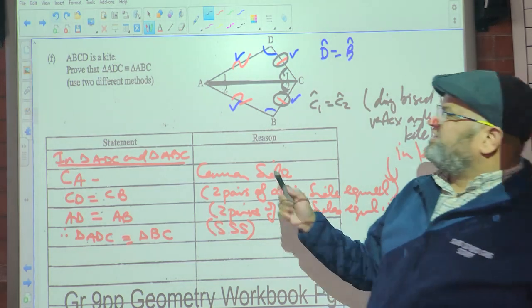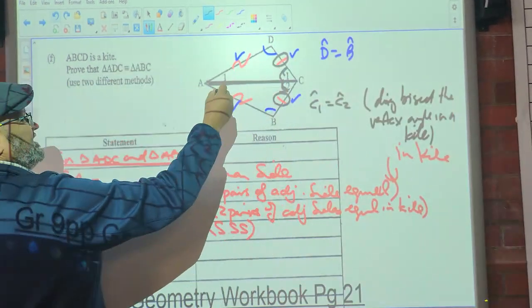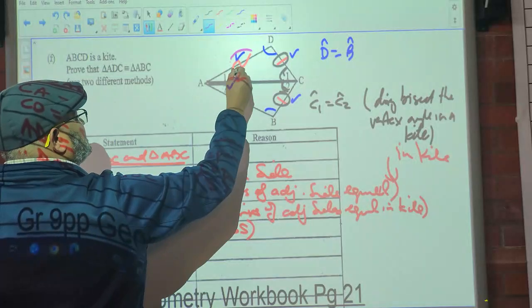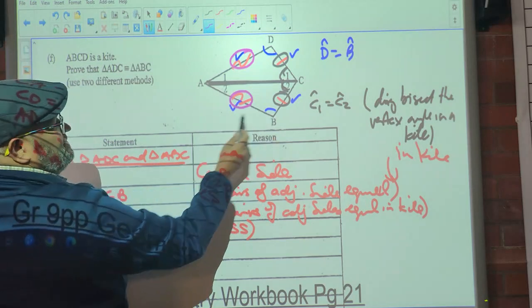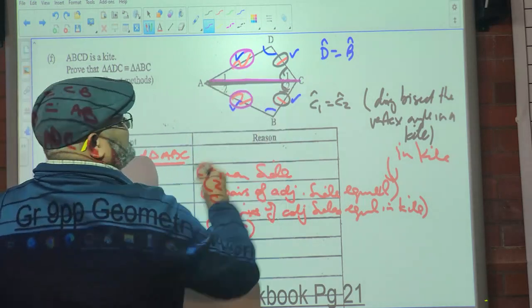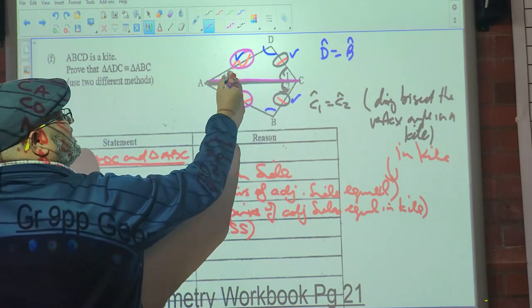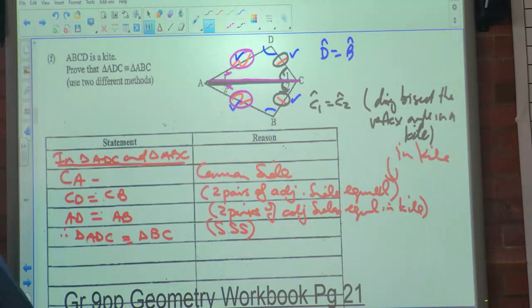I could have gone this way as well. If I had kept that, I could have gone with that one there. So AD is equal to AB. AC is a common side. And then A1 is equal to A2. Diagonal bisects one vertex angle in a kite, and it would have also been side angle side.